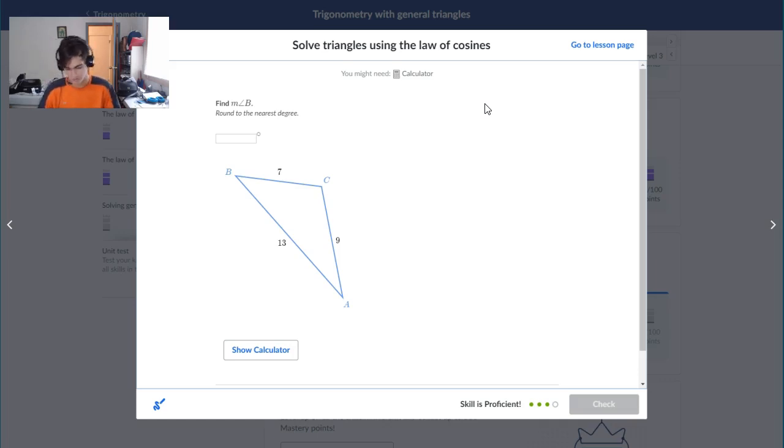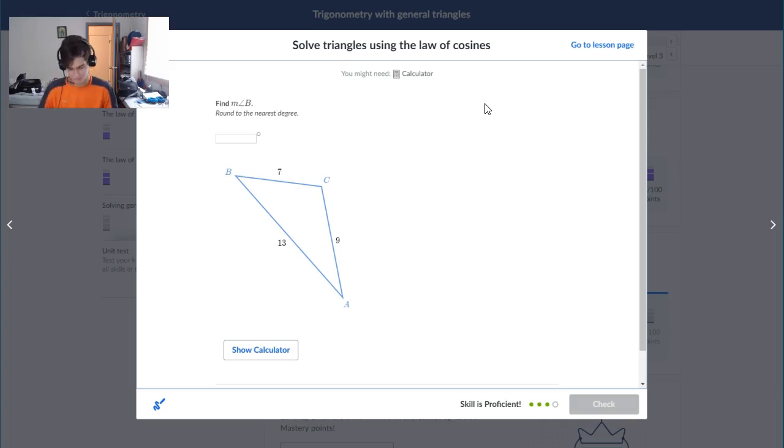Okay, which all equals 9 squared. Okay, so let's begin by doing the easy stuff. 9 squared is 81, 7 squared is 49, 13 squared is 169, and 2 times 7 times 13 is 182, and then cosine theta.